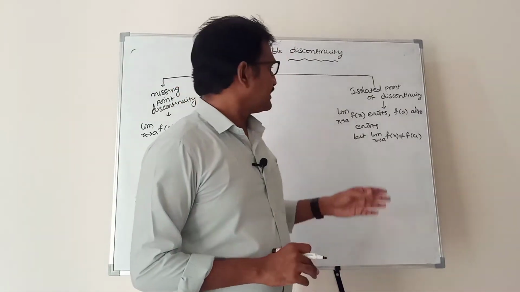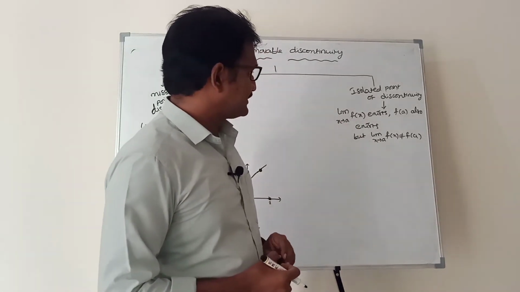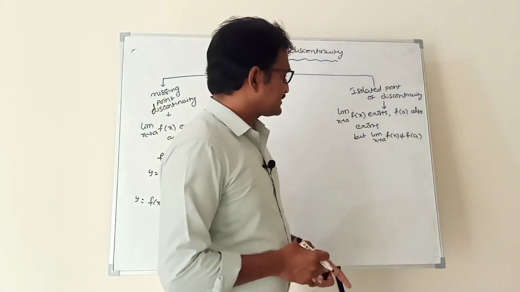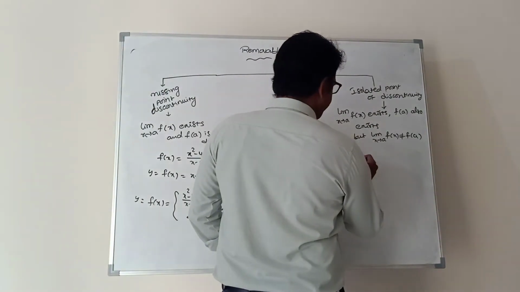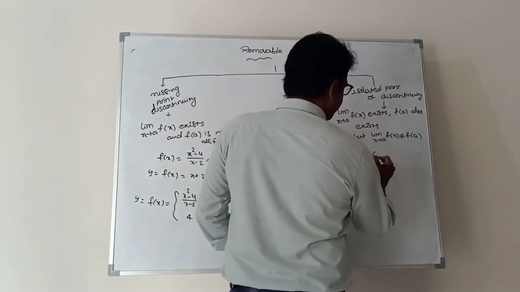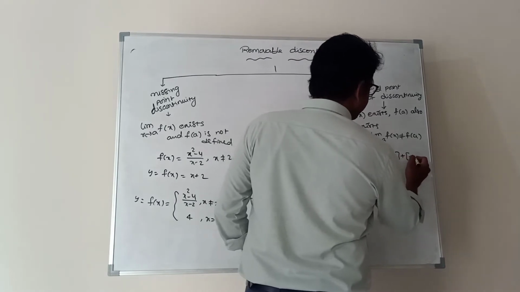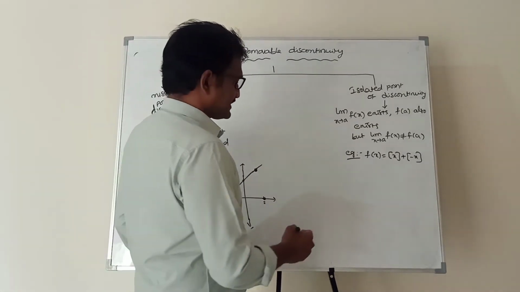Next, isolated point of discontinuity. The limit as x tends to a exists, f(a) also exists, but the limit as x tends to a of f(x) is not equal to f(a). Example: take f(x) = step x + step of minus x.